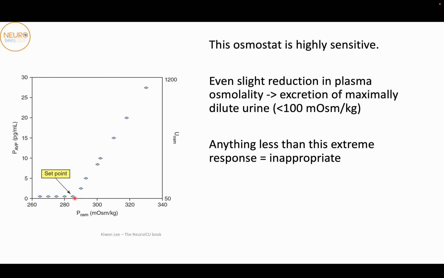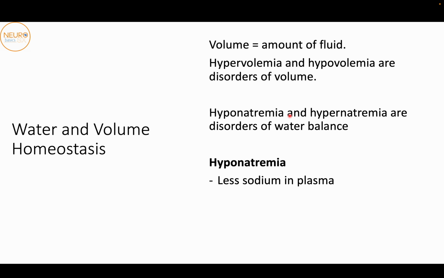Even a slightly altered value will cause a maximally dilute urine, for example. And anything less than this extreme response is actually considered inappropriate. So if you have a slightly high plasma osmolarity, for example, 290 to 295, and you're not putting out a urine which is of an osmolarity of less than 100, that is actually an inappropriate response.